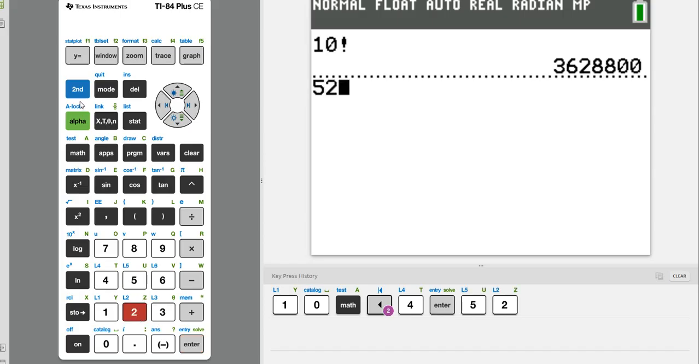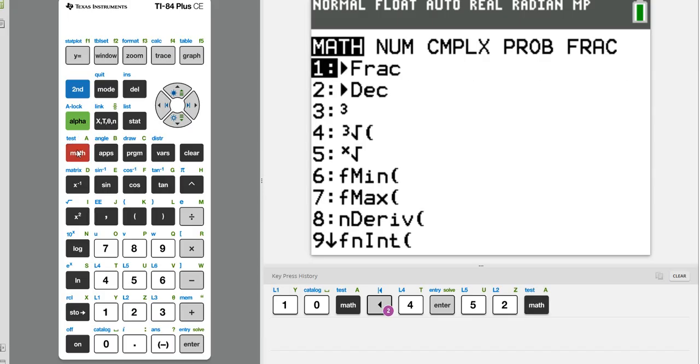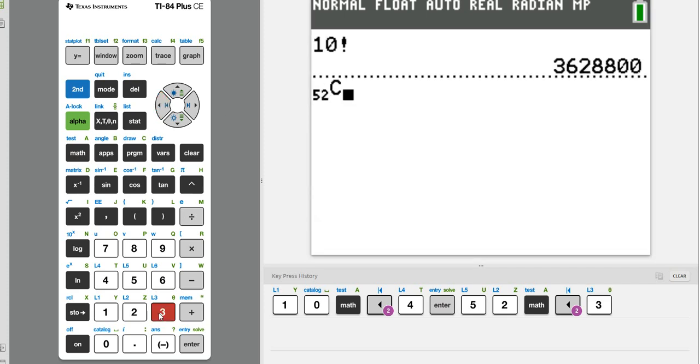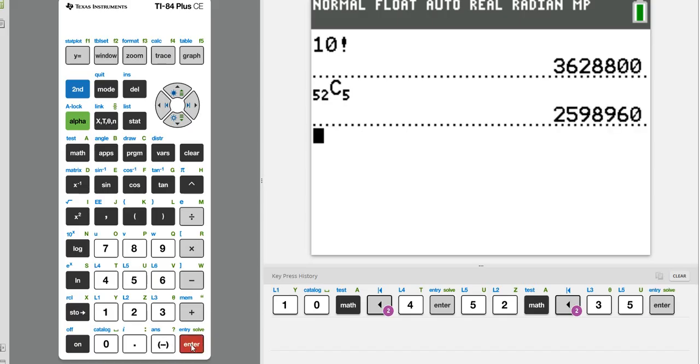Then let's go to the math key. Where did I go last time? Probability. So cursor over to the left 2, and then you see, oh, nCr. Now if you want to know what nPr is, and I don't mean National Public Radio, you're going to take my statistics class this fall. But right now, you got about 2.6 million different ways you can draw 5 cards out of a standard deck of 52.